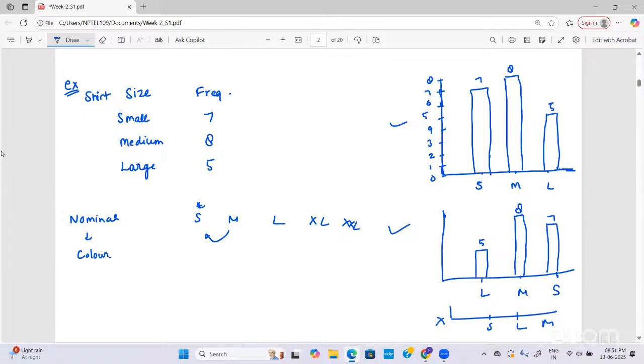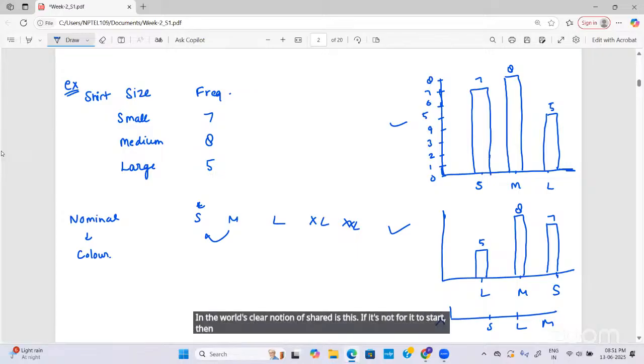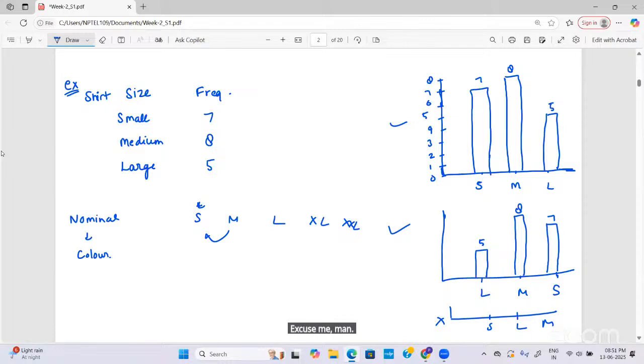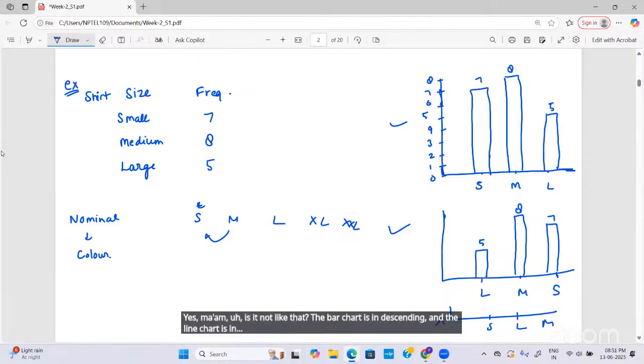Ma'am, what kind of chart is this? If it's not a Pareto chart, then what is it? Isn't it like that, the bar chart is in descending order and the line chart is in ascending order?